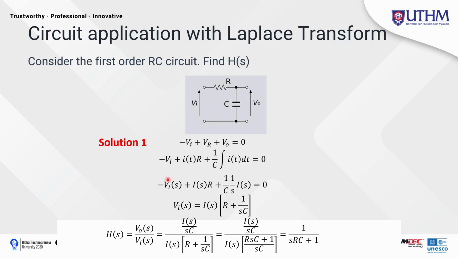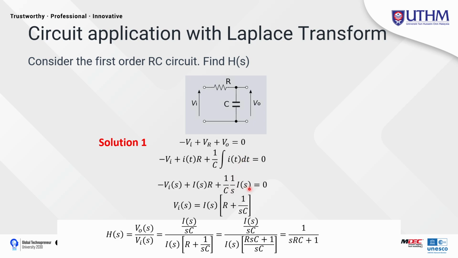So negative Vi, VR equal to IR. Then Vout is the voltage across the output at the capacitor. So it's 1 over C integration of i(t) dt equals 0. And then this integration of i(t) dt can be substituted with 1 over s I(s).